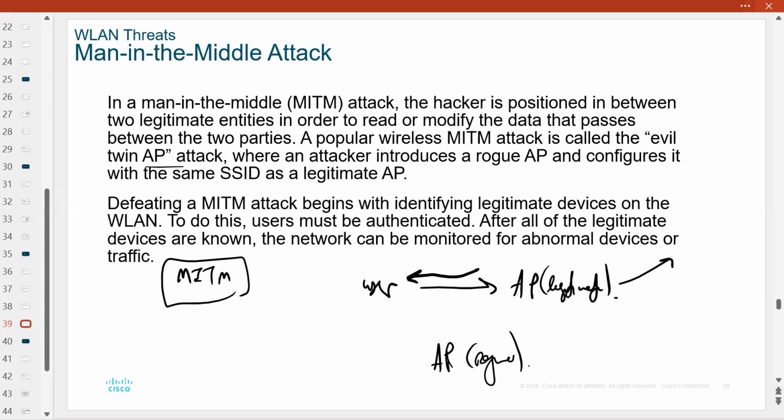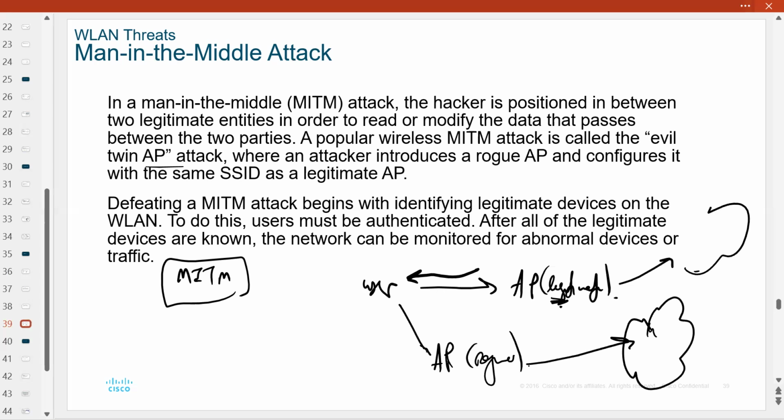It broadcasts the same SSID, the same network name as this one. So if a user sees the same SSID that it knows, the name of the network that it knows, it might get authenticated and associated with this AP instead of this one. And once it gets authenticated with this AP, it works, it even connects the person to the internet.